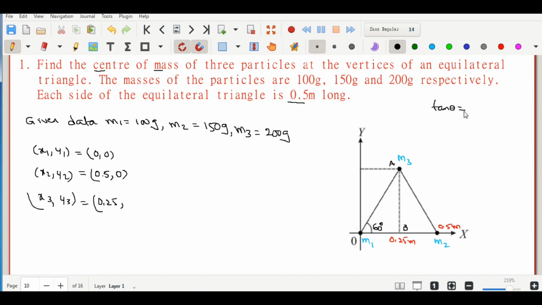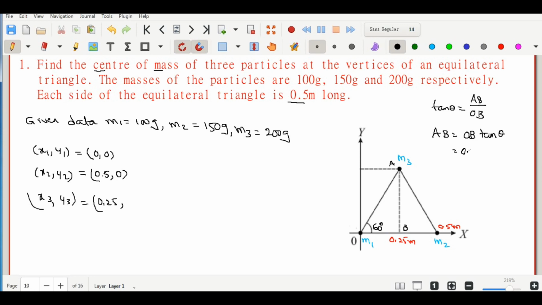So tan theta is equal to opposite by adjacent, that is AB by OB. So AB is equal to OB tan theta. OB means 0.25, and theta is 60 degrees.